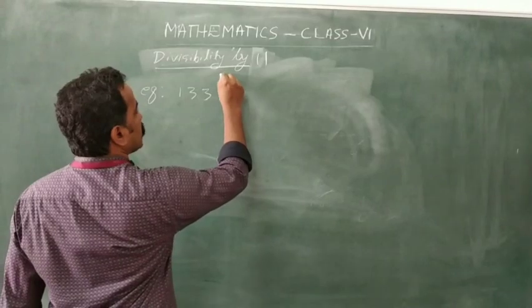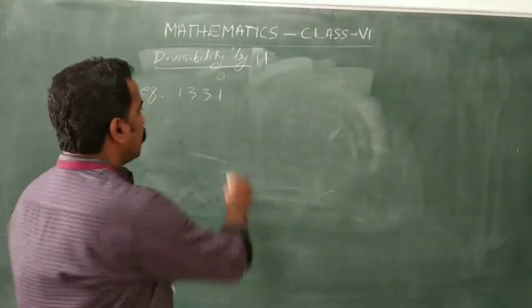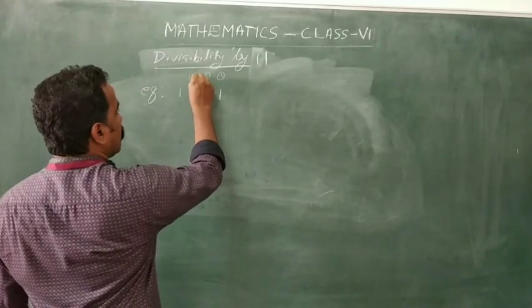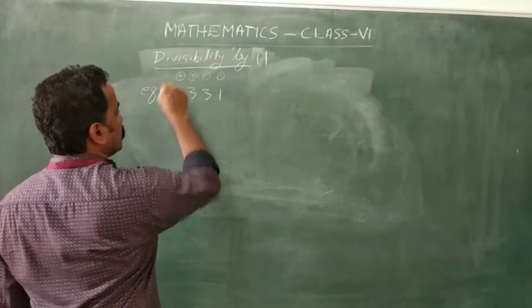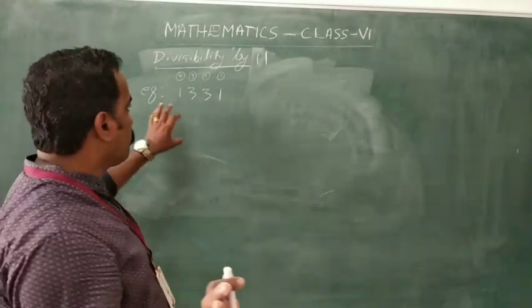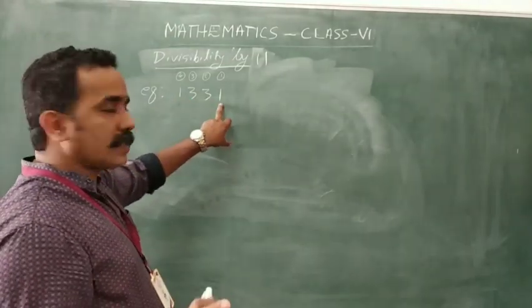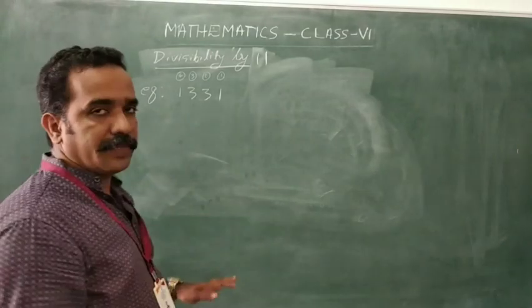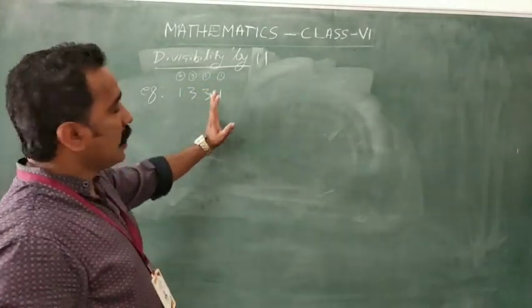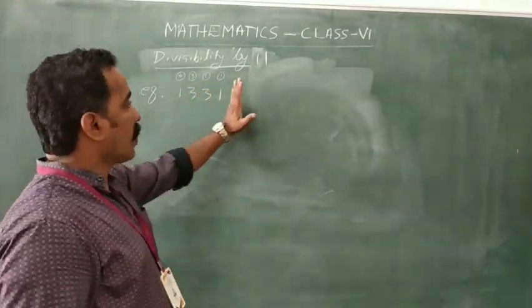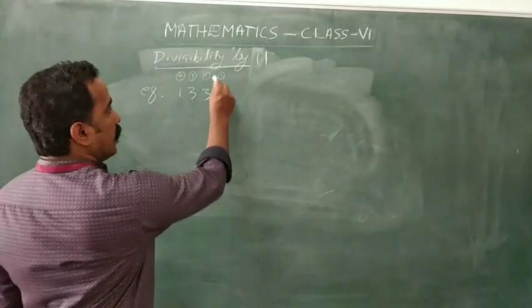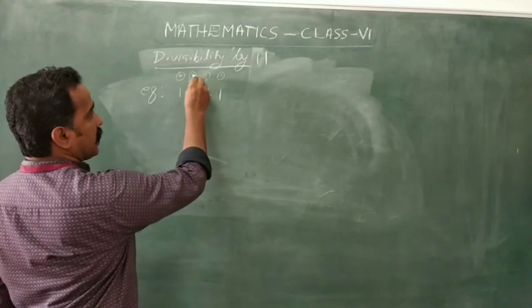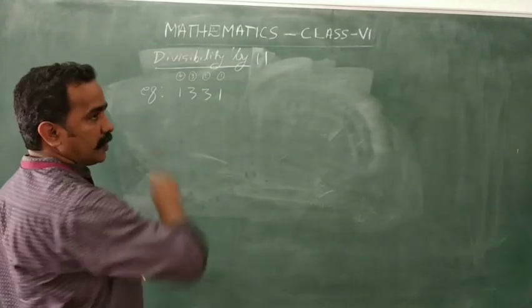This is the first place, this is the second place, this is the third place, and this is the fourth place. Not using the place value system of ones, tens, hundreds, thousands. Just number the places from right to left: first place, second place, third place, fourth place.